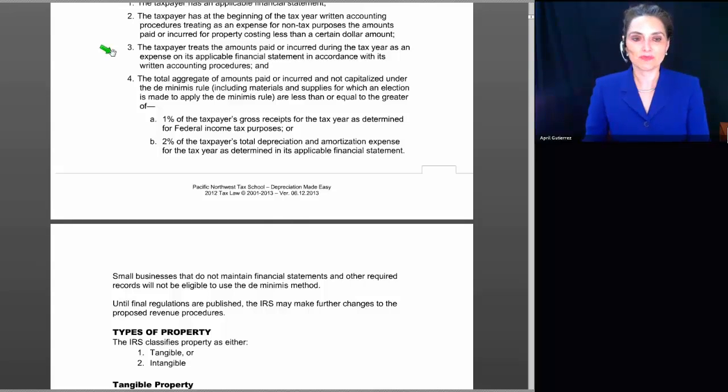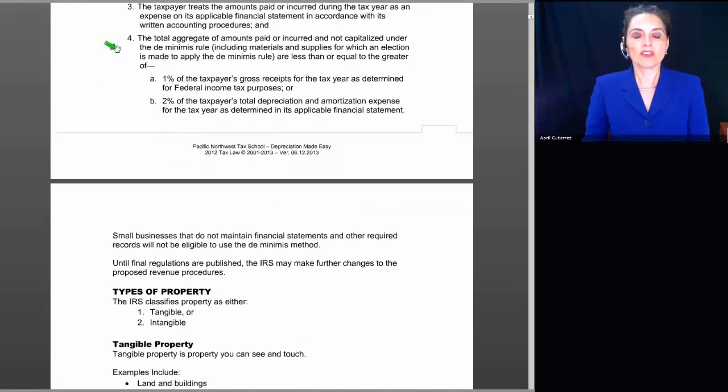in accordance with its written procedures, and the total aggregate amounts paid or incurred and not capitalized under the de minimis rule, including materials and supplies for which an election is made to apply the de minimis rule, are less than or equal to the greater of 1% of the taxpayer's gross receipts for the year as determined for federal income tax purposes, or 2% of the taxpayer's total depreciation and amortization expense for the tax year determined in its applicable financial statement.